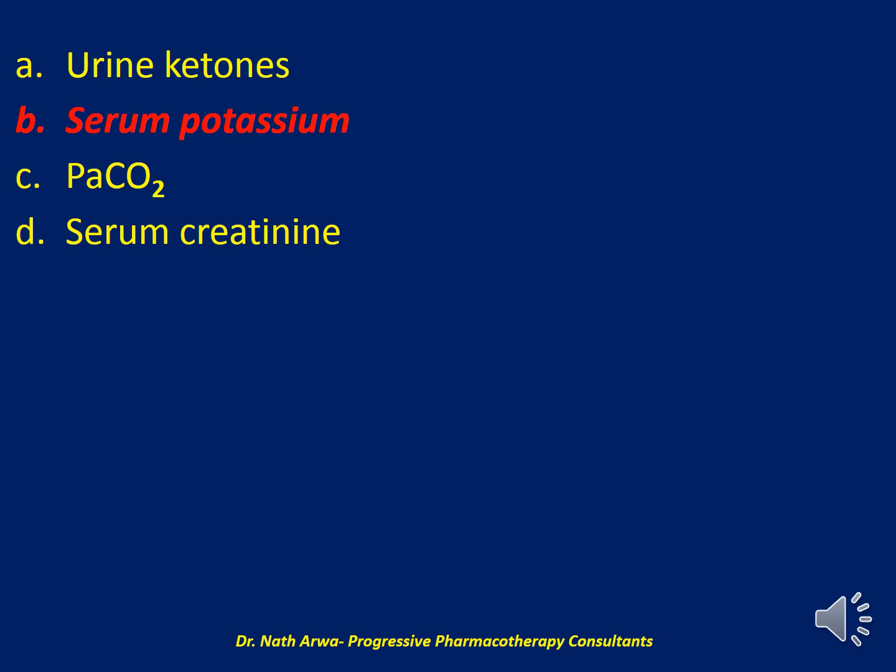Now, the TCAs primarily exert a sodium channel blocking activity in overdose, and they can mimic the electrocardiographic effects of the Vaughan Williams class 1 antiarrhythmics. Just as a by the way, so B would be our right answer here. Let's move to the next question, please.